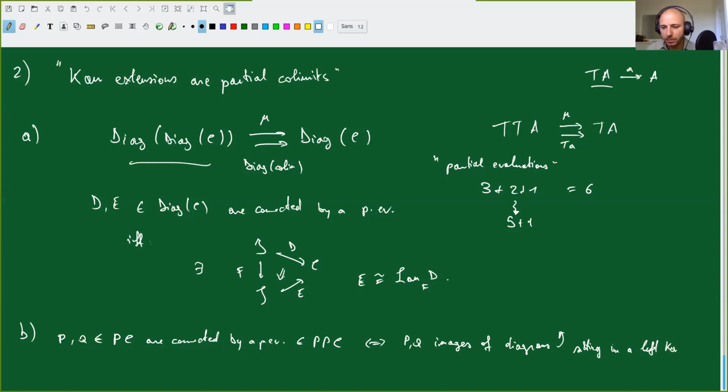Left Kan extension, sorry, I was slightly imprecise. So in the A statement, F necessarily has to be a split opfibration. In the B statement, F is just any functor, okay?